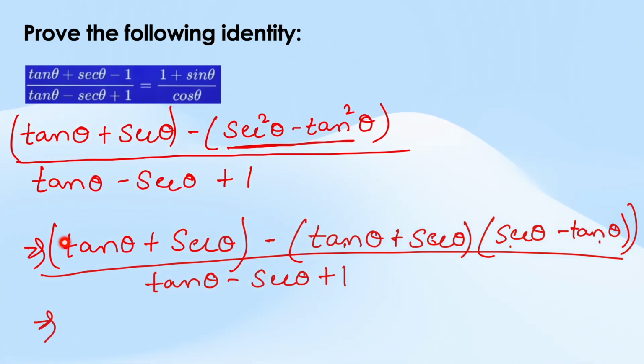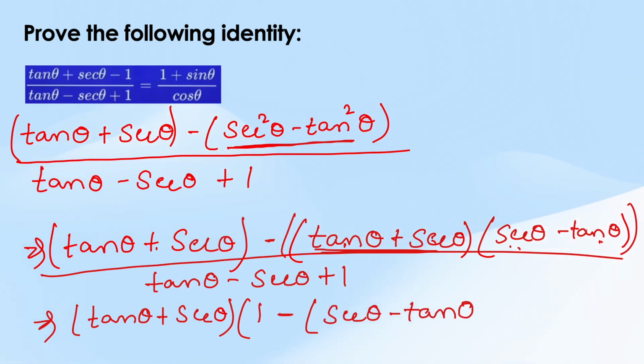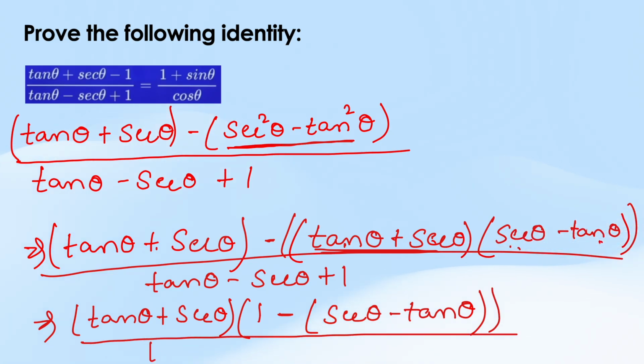From these two terms, this and this whole, just take what is common? Tan theta plus sec theta, right? I have taken common. What is left? 1 minus, what is left there after taking it common? Sec theta minus tan theta, divided by tan theta minus sec theta plus 1.